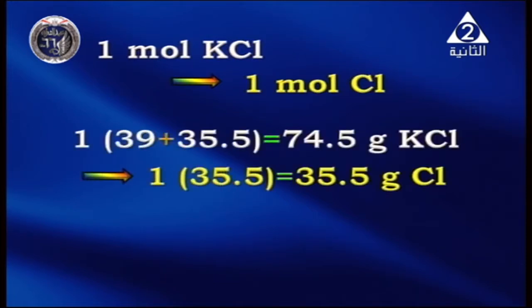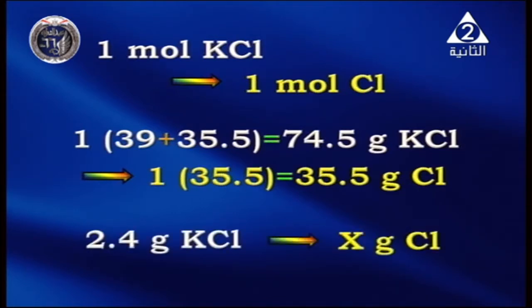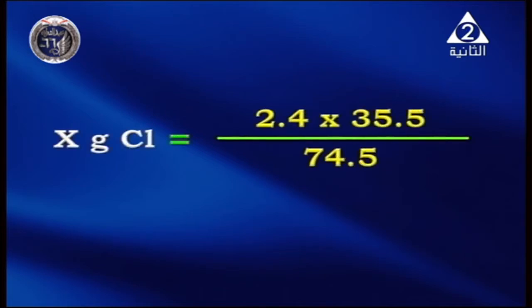So 1 times 39 plus 35.5 equals 74.5 gram potassium chloride contains 1 times 35.5, 35.5 gram chlorine. So 2.4 gram potassium chloride gives x gram chlorine. So x gram chlorine equals 2.4 times 35.5 over 74.5, it will be 1.14 gram.